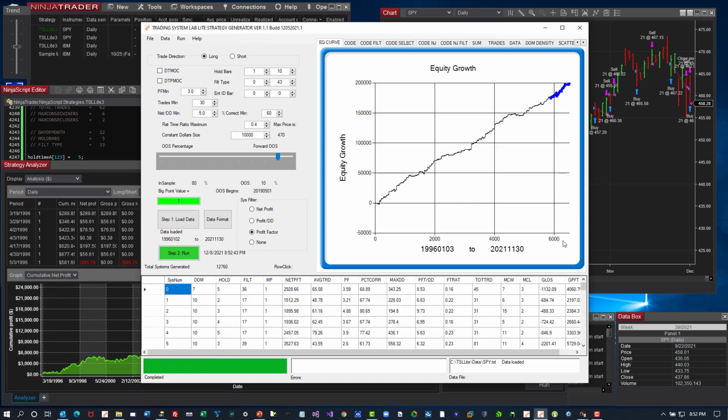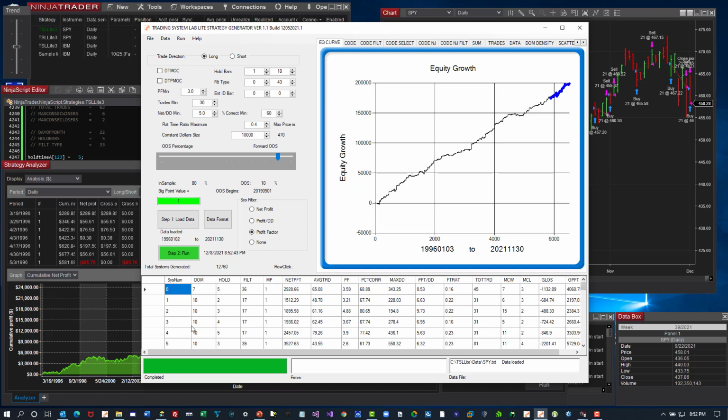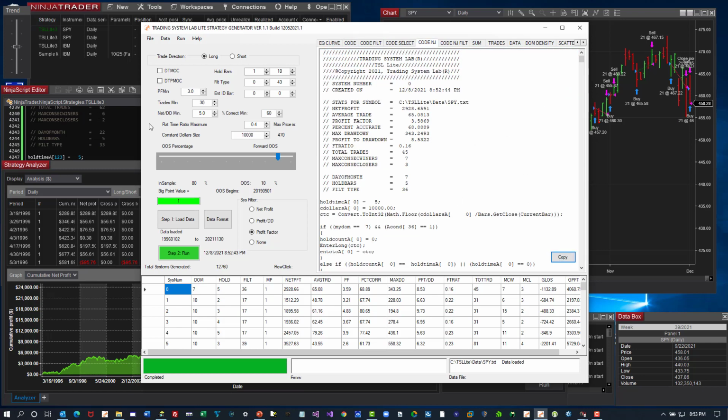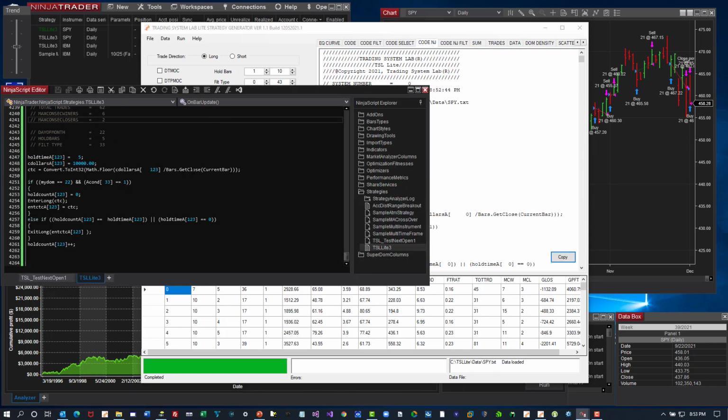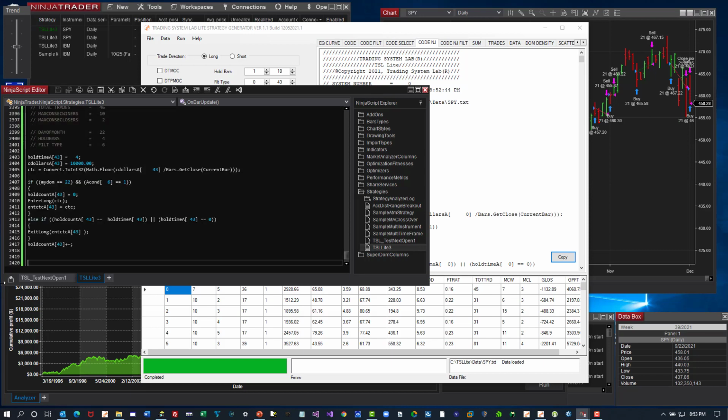Here's the equity curve on that, and I've designed 12,760 trading strategies on that pass, and I have a total of 44 subsystems that have emerged. Let's take that NinjaTrader code, copy it, and paste that over to the NinjaTrader platform. Compile it. It's compiled.